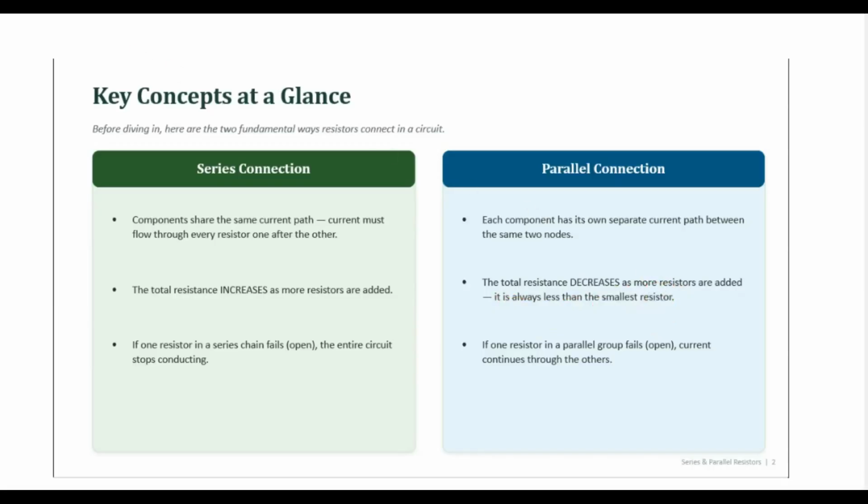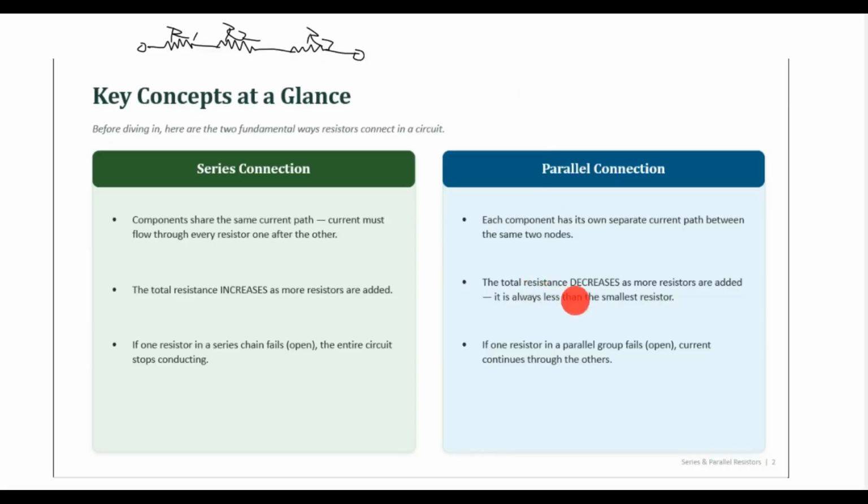If I have resistors in series, for example R1, R2, and R3, the total resistance is going to be the sum of all these resistance values. So as I add more resistors, the total resistance will increase.